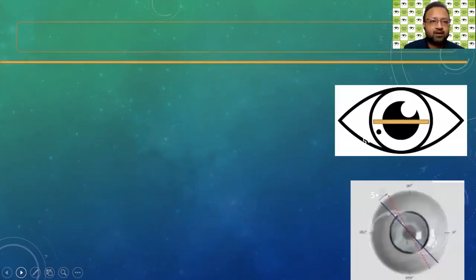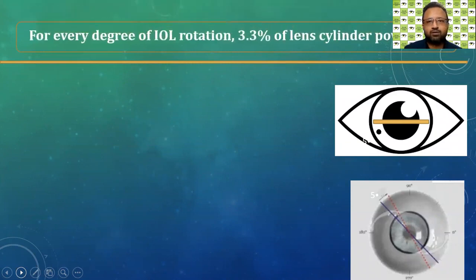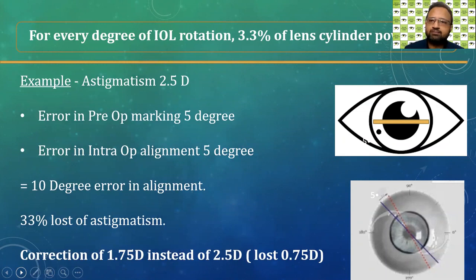When we are talking about this alignment, we need to know why it is very important. We know that for every degree of IOL rotation, 3.3% of lens cylinder power is lost. For example, the patient has astigmatism of 2.5 diopter, and there is an error in the pre-op marking of 5 degrees, and the error in the intra-op alignment is 5 degrees.